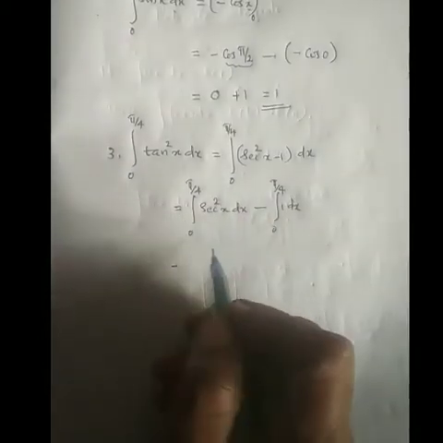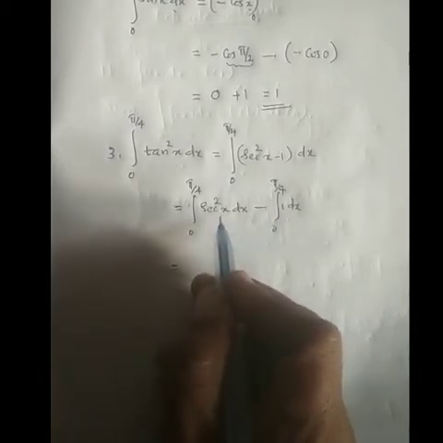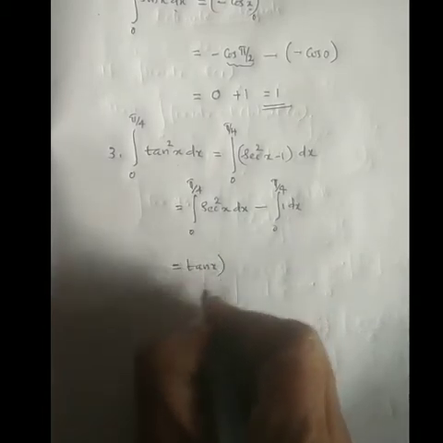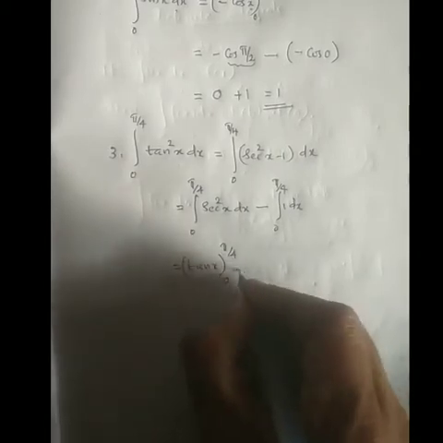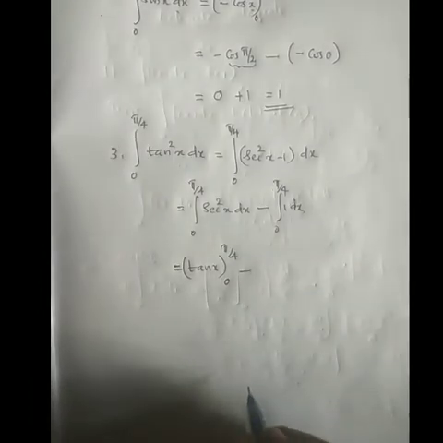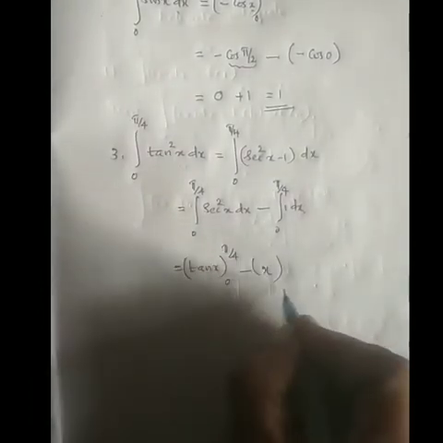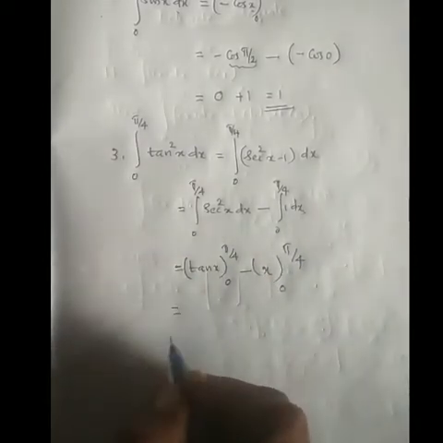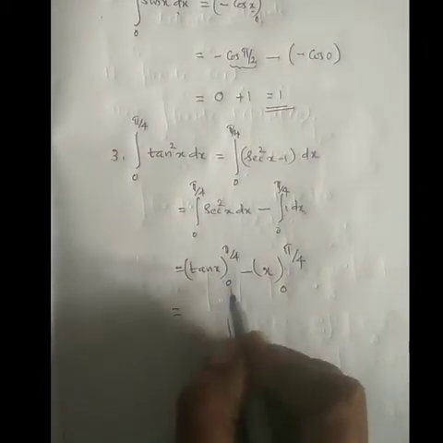Then integrate the integrals. Integral of sec square x dx is what? We know that it is tan x, from the limits 0 to pi by 4, minus integral of 1 dx, which is x, from the limits 0 to pi by 4. Then we apply the upper limit and then the lower limit.